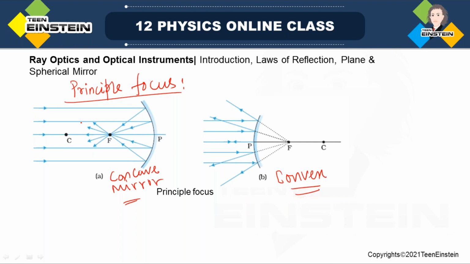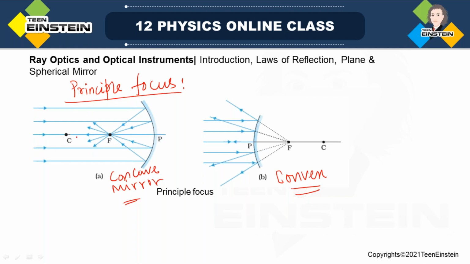So when a beam of parallel rays, parallel to the principal axis, see here, this line is the principal axis. The rays of light parallel to the principal axis, when they get reflected, meet at a point on the principal axis. That particular point is called the focus for a concave mirror. I'll repeat.